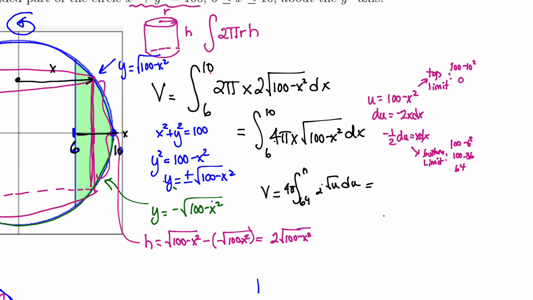And make sure I get rid of this negative 1/2 and switch my integral limits. So that's going to be 4 pi, 0 to 64, u to the 1/2 with a 2.